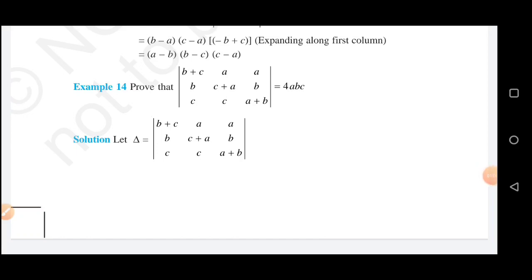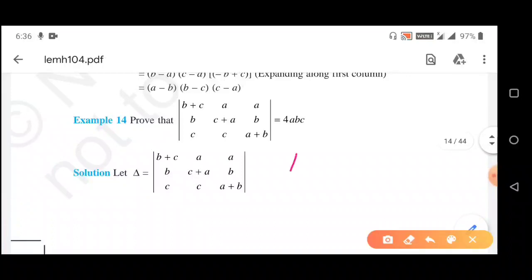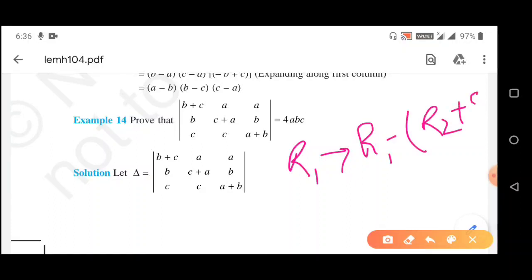Here we can write row 1 is replaced by row 1 minus row 2 plus row 3. Then what will happen? b plus c minus, within bracket, b plus c. So it will become 0. In place of b plus c we will get 0.